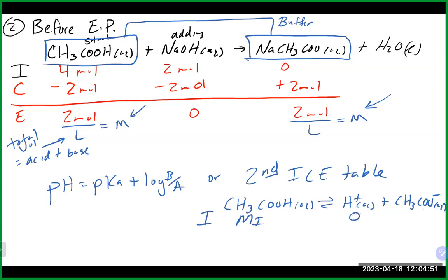This should be 0. And you need to make sure you have a molarity here. So again, if you do not have that one there, if you did the ice table, you are not doing a buffer, you're doing a weak acid. So if you choose to do the ice table, it should come out the exact same as the Henderson-Hasselbalch, bless you. But you got to make sure that you have that second concentration on the other side, which is very commonly missed by people when they go ice table rather than Henderson-Hasselbalch.